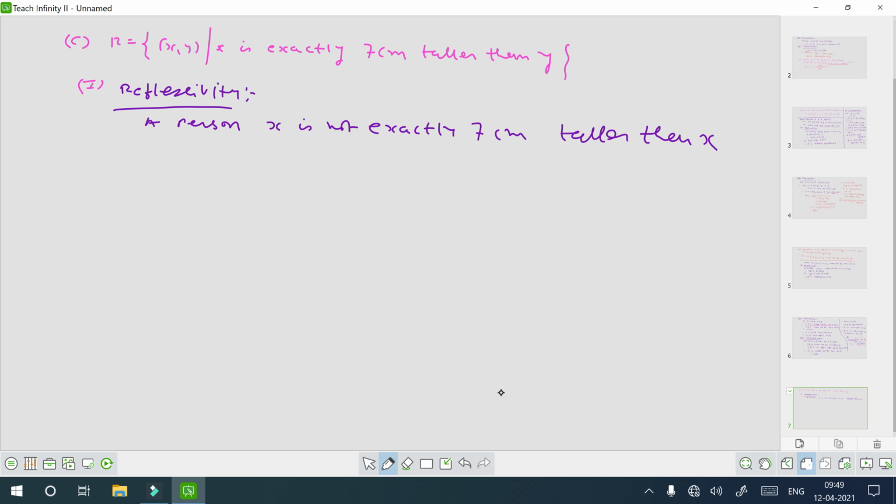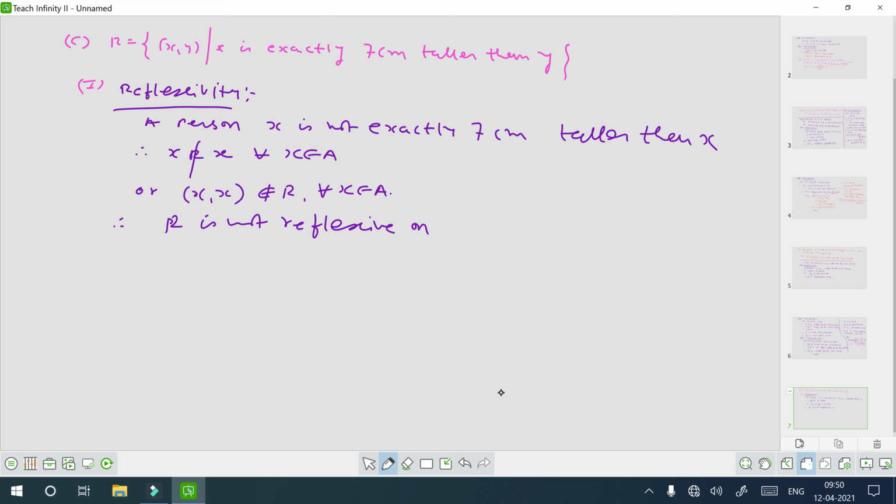The difference of height for the person with himself, x and x, is no difference, 0 centimeter. And therefore x is not R related to x for all x belongs to A, or the ordered pair (x, x) is not in R for all x belongs to A, and therefore R is not reflexive on A.